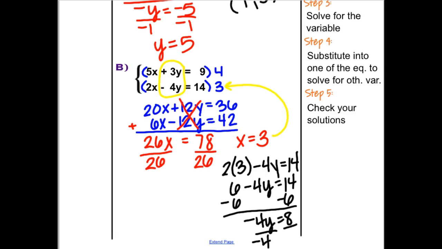Divide by negative 4, and I get y equals negative 2, which means my ordered pair solution should be (3, -2). If I check that, I have 5 times 3, which is 15, 3 times negative 2, which is negative 6, 15 minus 6 is 9. 2 times 3 is 6, negative 4 times negative 2 is positive 8. 6 plus 8 is 14.